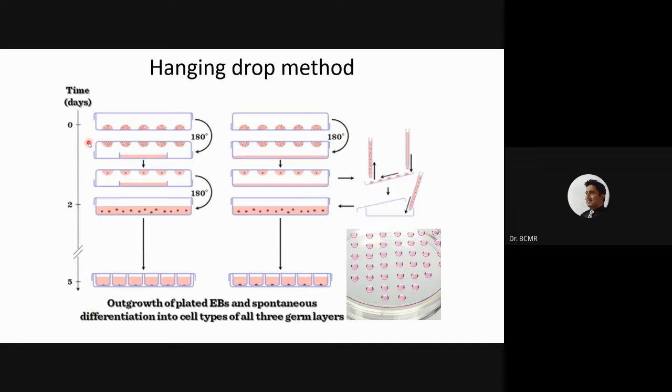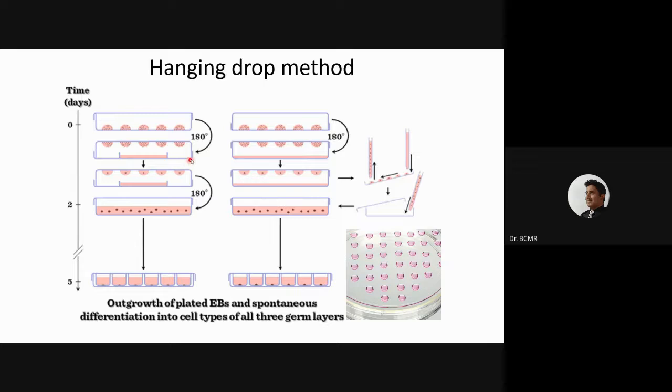Here is a method. We will see a few more methods, of course. This is a Petri plate, a cross-section of it. They have put several drops of media containing embryonic stem cells, the dotted ones. And then they would invert the plate. So the drops were on the bottom plate, and this is the cap that is on the top.